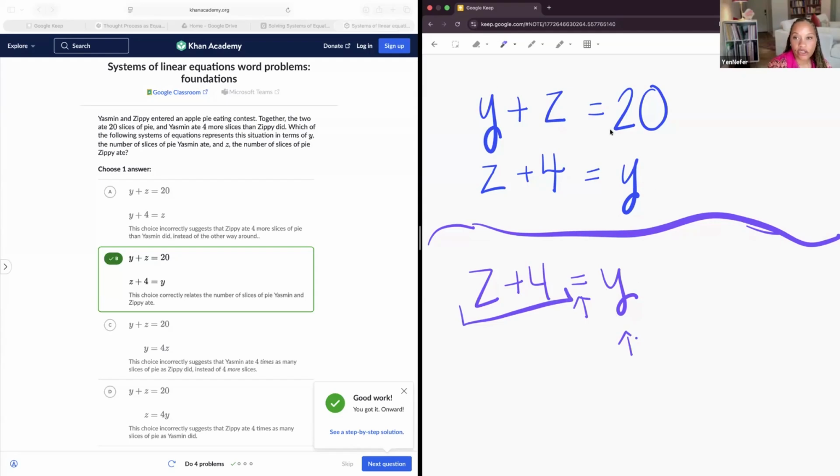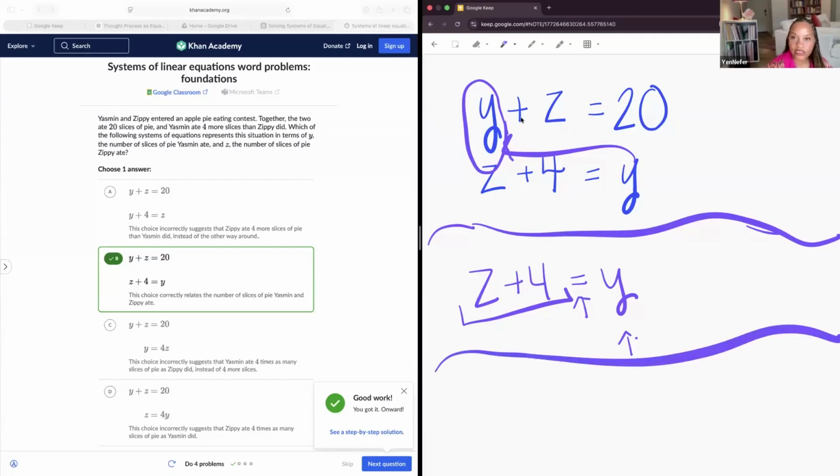So if I go to my other equation, I can substitute the expression for y into that equation. So that's what I'm going to do. Instead of, well, let me just write it so we can see it. y plus z equals 20.